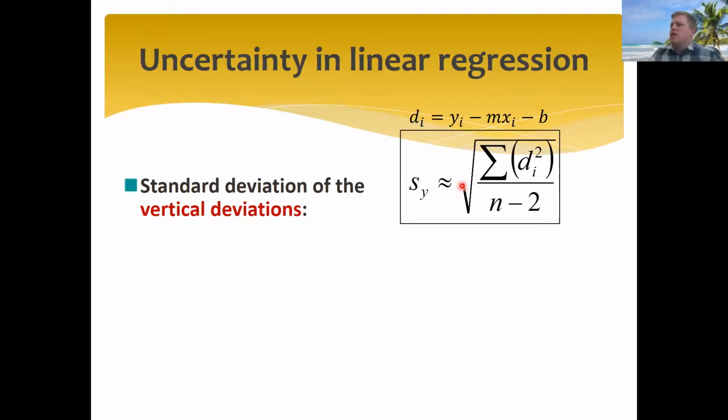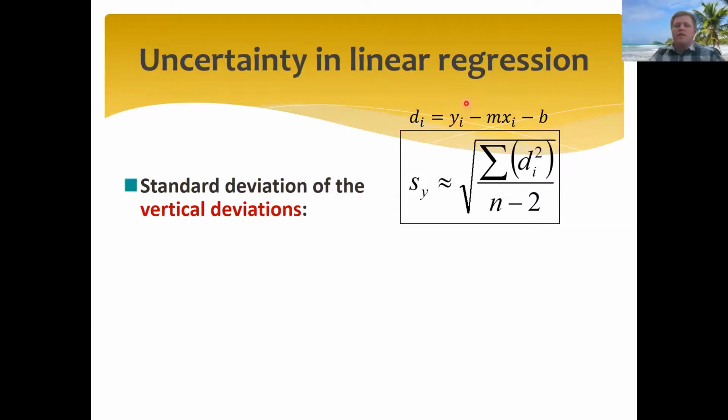This is calculated by taking the square root of the sum of our Di values squared. And our Di here is just equal to the Y of any point on our calibration curve, so the measured value for a standard, minus the slope times the X value of that standard, minus the intercept. The X is the concentration we made.